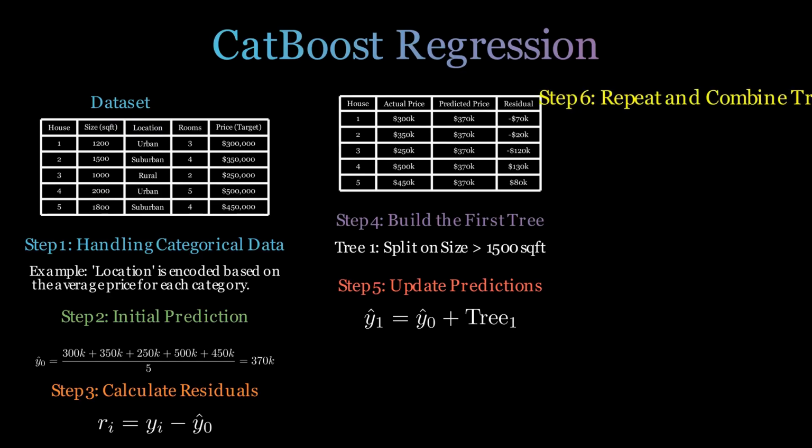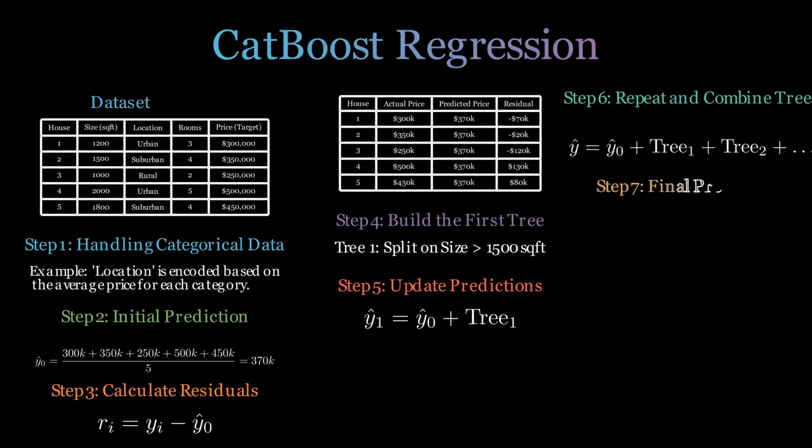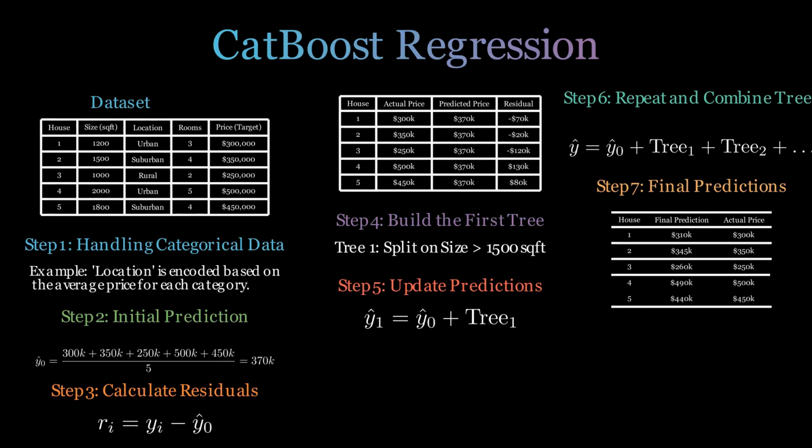The final prediction is the sum of the initial prediction and all the trees' outputs. Here are the final predictions. For example, house 1 is predicted to cost $310,000, which is close to the actual price of $300,000.